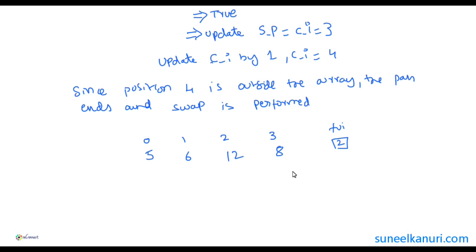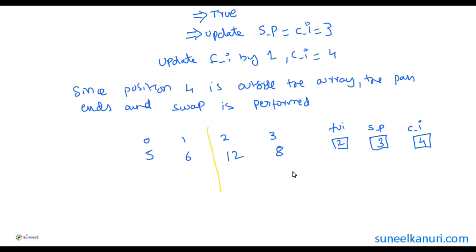Oh wait, perhaps if I draw the yellow line, it'll be easier. So first unsorted index is 2, and our variable which points to the next smallest element's position is pointing to 3, and our current index is pointing to 4.